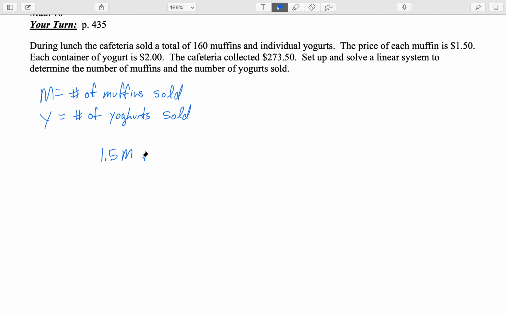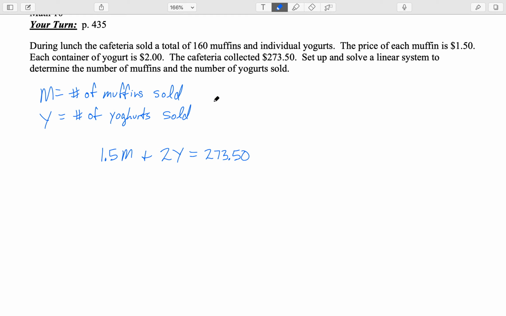So I'm going to go this plus this. How much are yogurts? Yogurts are $2. So $2 times the yogurts, that should equal 273.50. Okay. That's one equation.